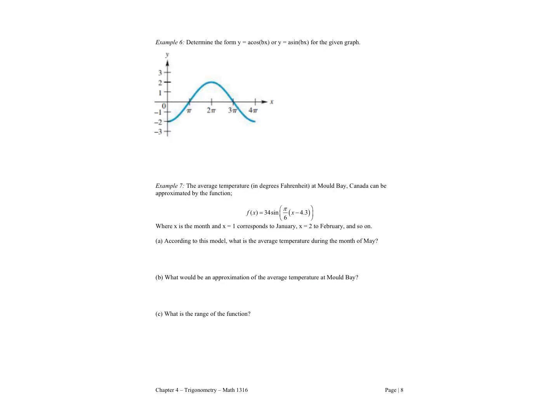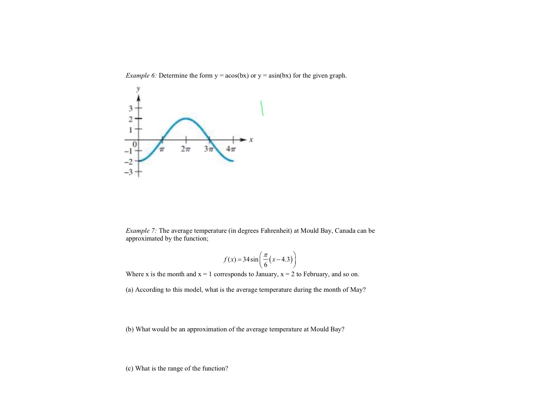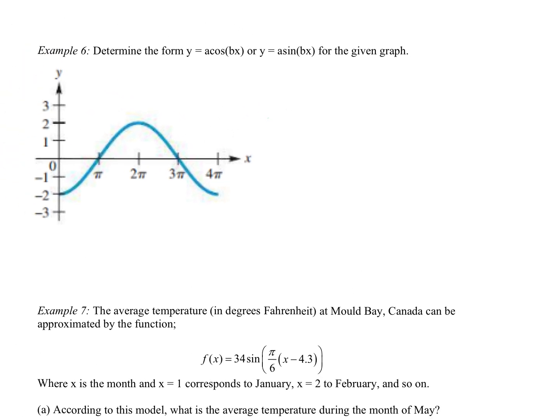Okay, so let's work the other way now for example 6. Example 6 says determine the form for the graph. So before I do that, I need a couple things. If I was going to write a sine, the middle dot should be on the y-axis, because sine goes up and down.